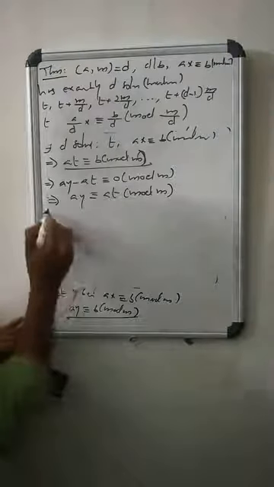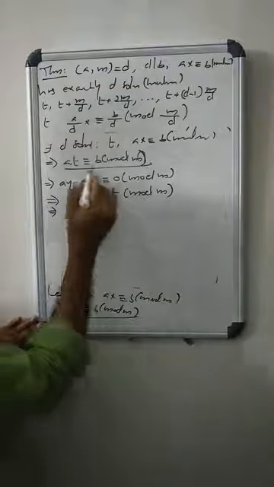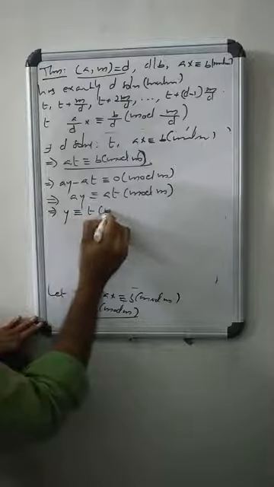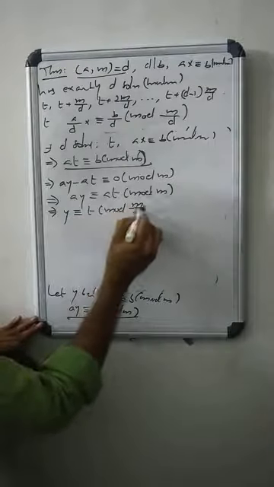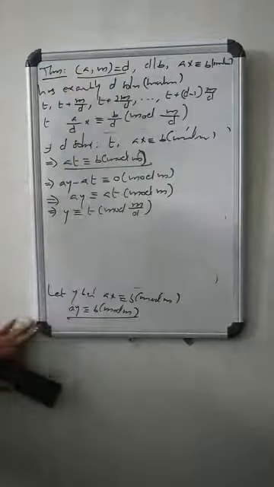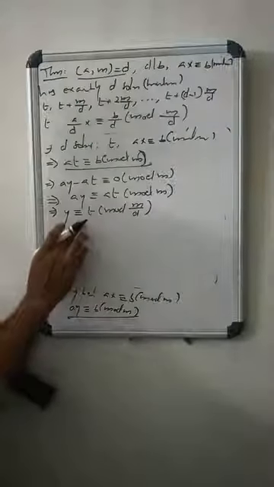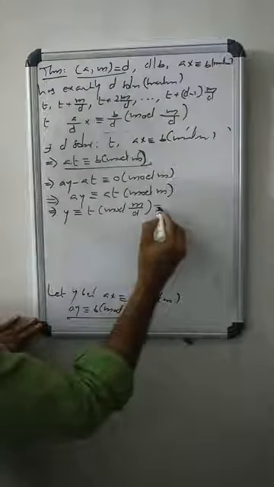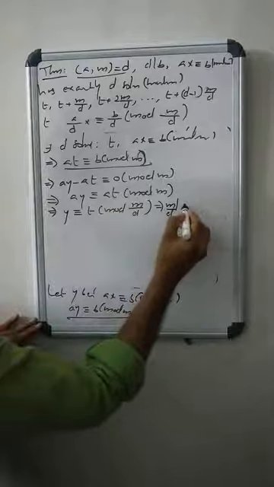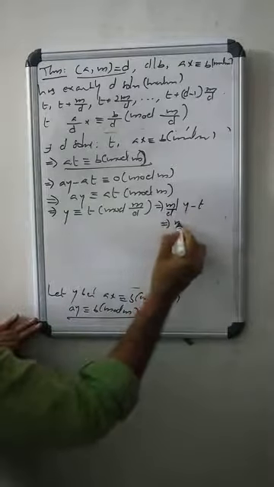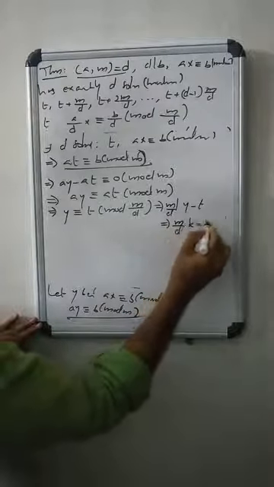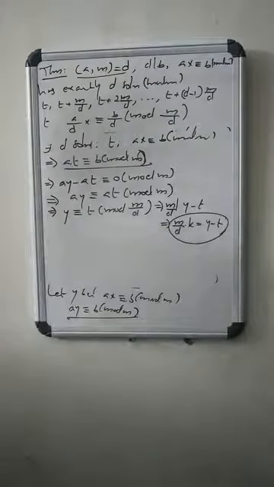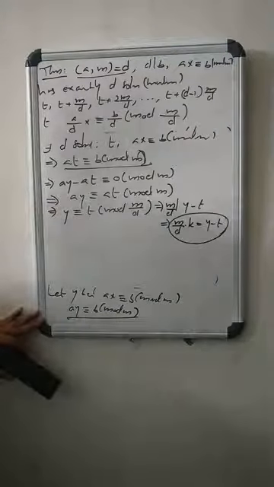Now ay congruent to at mod m, and the GCD of a and m is d. So by the cancellation law, y is congruent to t mod m by d, where d is the GCD of a and m. That means m by d divides y minus t. That means y minus t equals m by d times k for some k, so y equals t plus k times m by d.